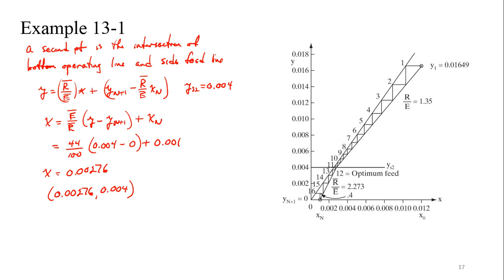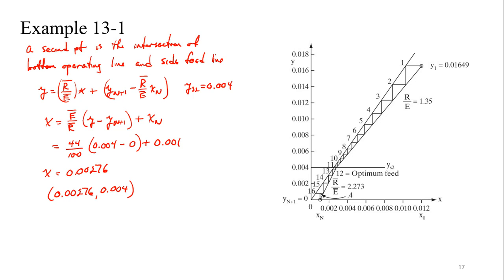And then what remains is to step off stages for this. And so we step off stages, work our way down through. It gets kind of tight here on this plot, but we can get through it. And so as a result, we know ultimately the number of stages that we end up having here, which looks like how many?